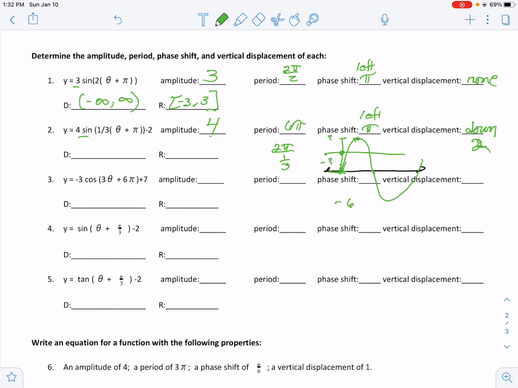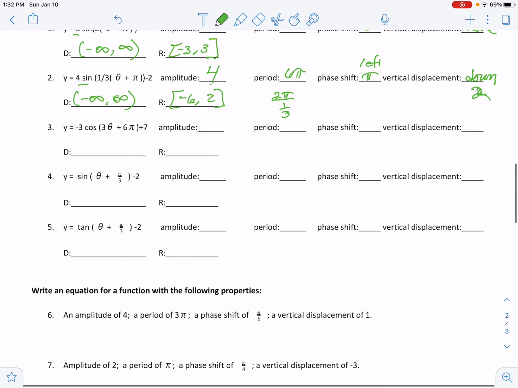So my range goes from negative 6 to 2. Ooh, think about that. And this is still all reals. Oh no, I scribbled on everything. I gotta erase it. But I can't do this without thinking. Without a picture, sorry.